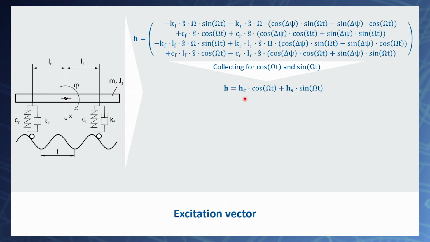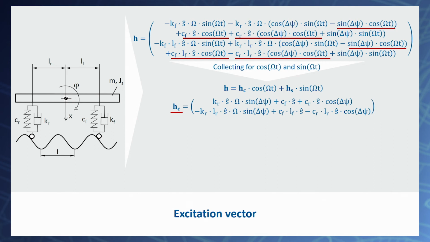So obviously we have to fill the elements of hc and the elements of hs to find a nice expression for h. First of all, we look at all the terms that are related to cosine. So we have 3 terms that are connected with cosine omega t in the first part of the vector h, and similarly also 3 elements connected to cosine omega t in the second part of the vector h.